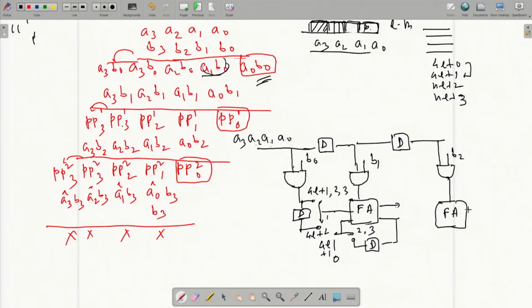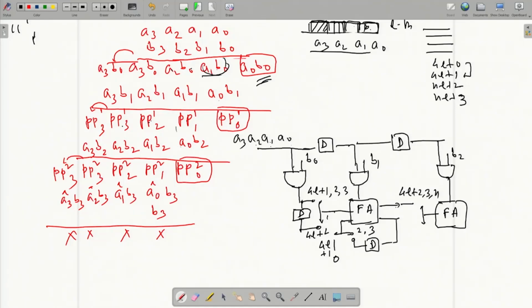You get the full adder FA. So, what will happen? This will touch this at 4L plus 2, 3, 4; this I will discard at 4L plus 1. At 4L plus 2, A0 came at 4L plus 0, then here at 4L plus 1, here at 4L plus 2.